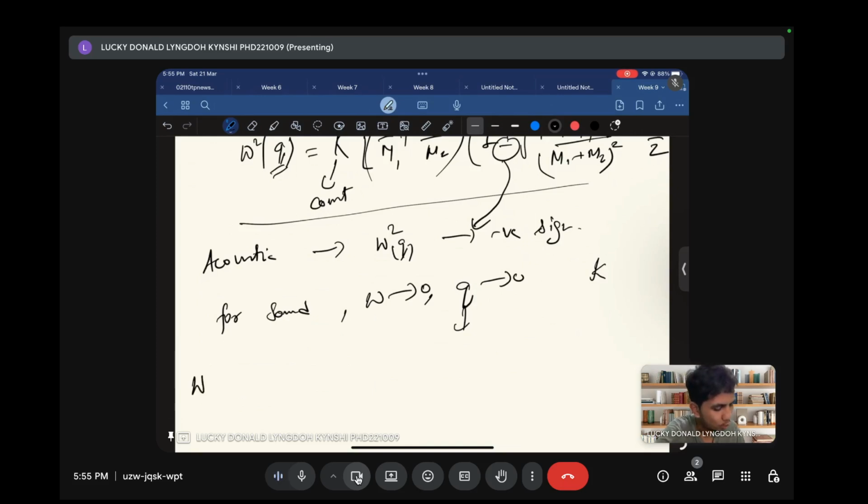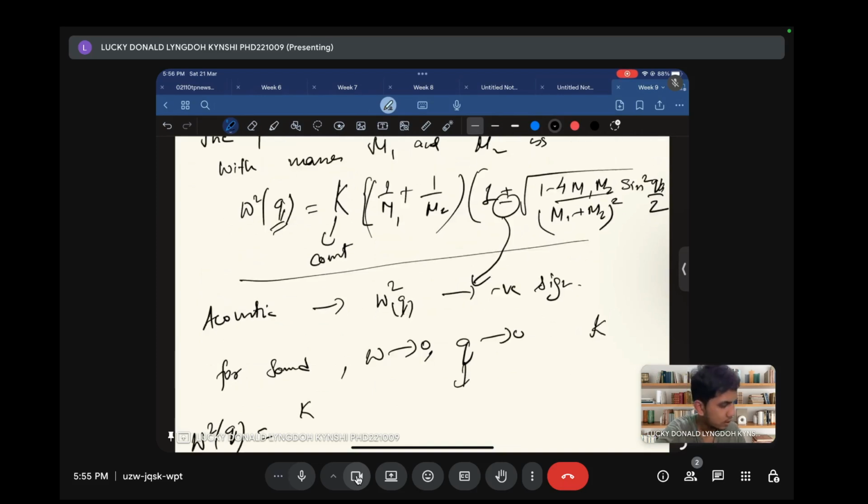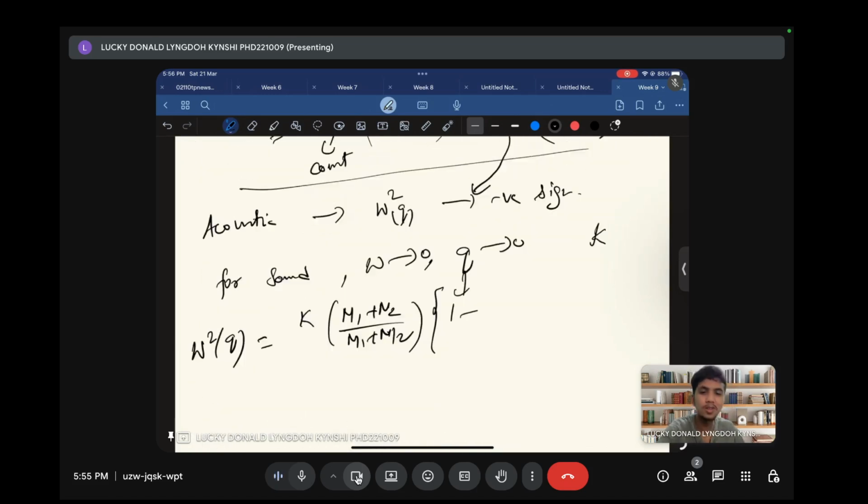In that case, omega square stays the same: K (m1 plus m2) divided by m1 m2. Instead of plus or minus, you take the negative, because this corresponds to the acoustic mode. So then you can write 1 minus the square root of 1 minus 4 m1 m2 by (m1 plus m2) whole square sine square qa by 2.